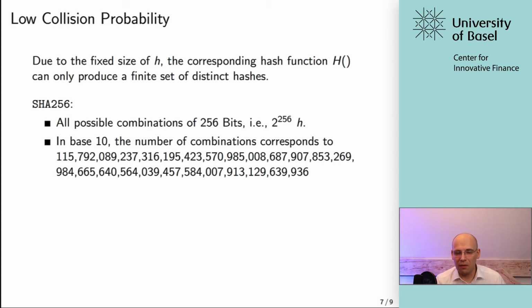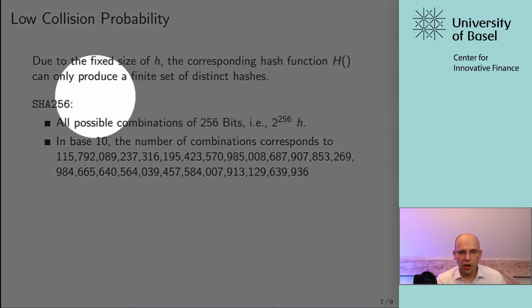We know for sure that in theory there are collisions, but what must be infeasible is to find these collisions. So the collision probability must be so low that, first of all, it doesn't happen just at random, but also when people are actively searching for it, they cannot achieve this. Okay, that's the idea of this low collision probability, and that's a really important property of cryptographic hash values.